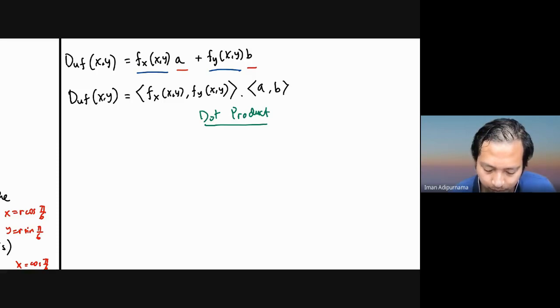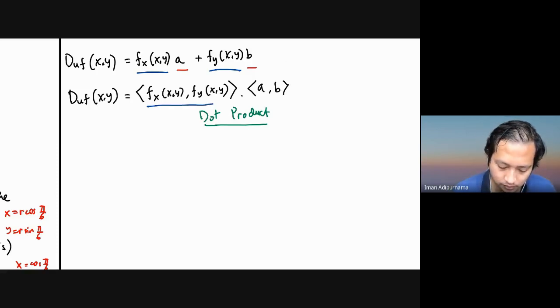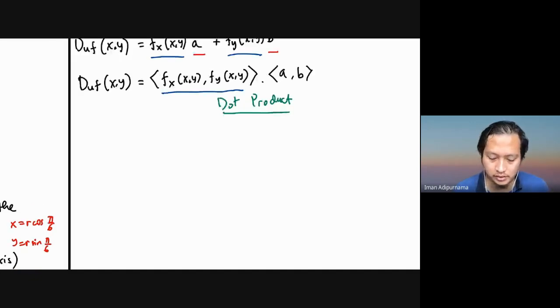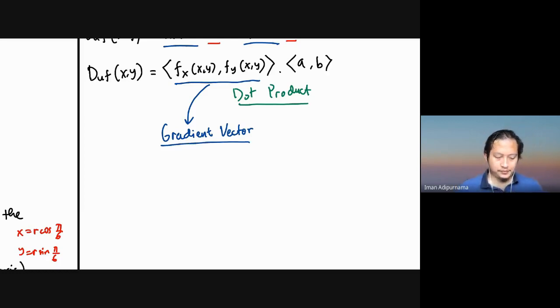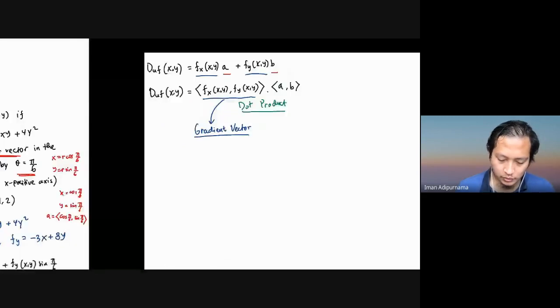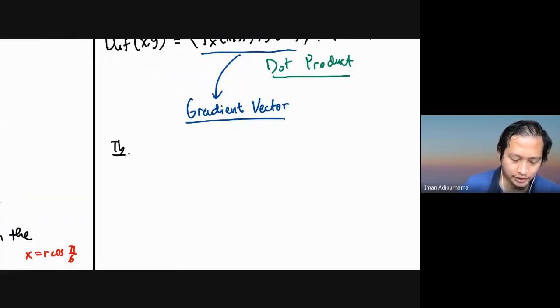Now this part here, the partial x and partial y, in terms of a vector, we call the gradient vector. And we can have the first theorem for the gradient vector.